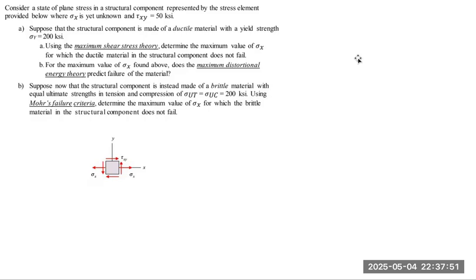So to review, the maximum shear stress theory and maximum distortional energy theory are both theories which apply to ductile materials, while Mohr's failure criteria is a failure theory that applies to brittle materials.